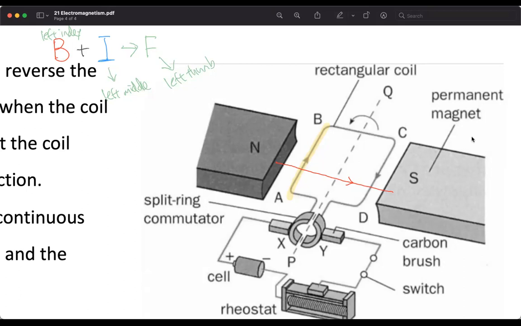How about Oscar? Oscar and Bei Kuan? At this intersection, does the force go up or go down? All of you try. The red line is your left index finger. The highlighted yellow line is your left middle finger. So your left thumb will be pointing up or down.